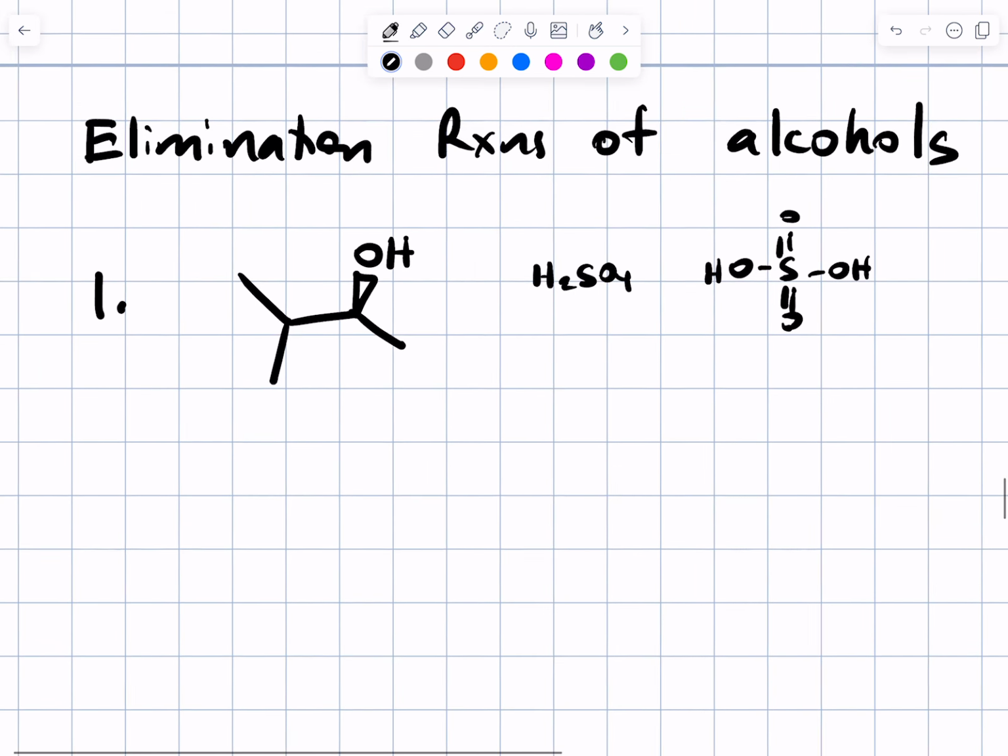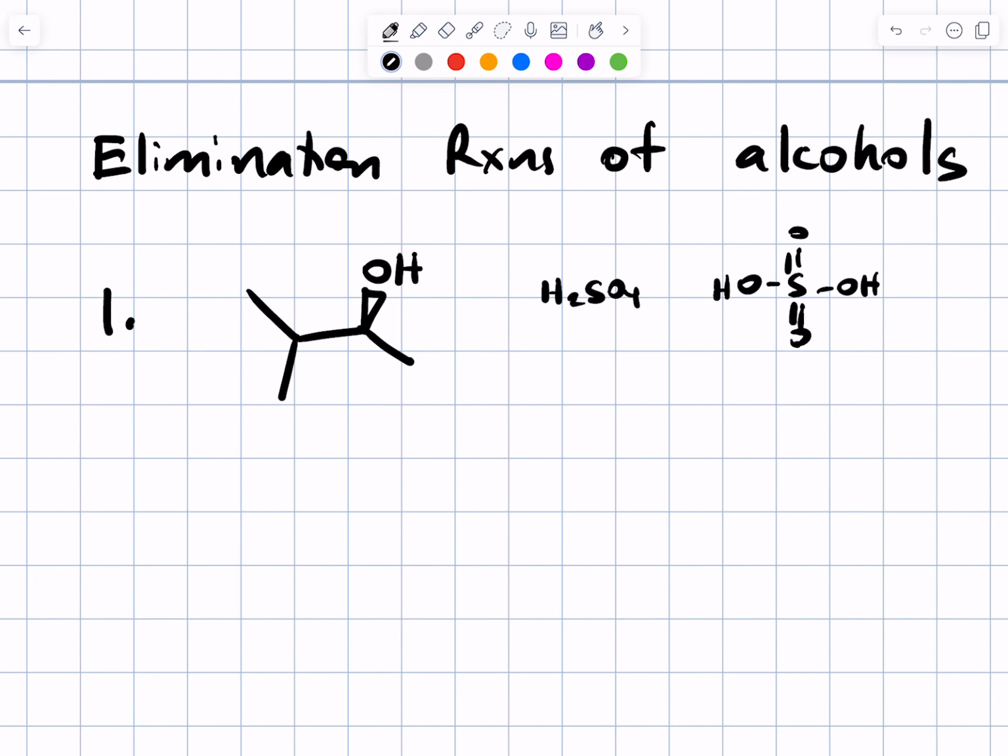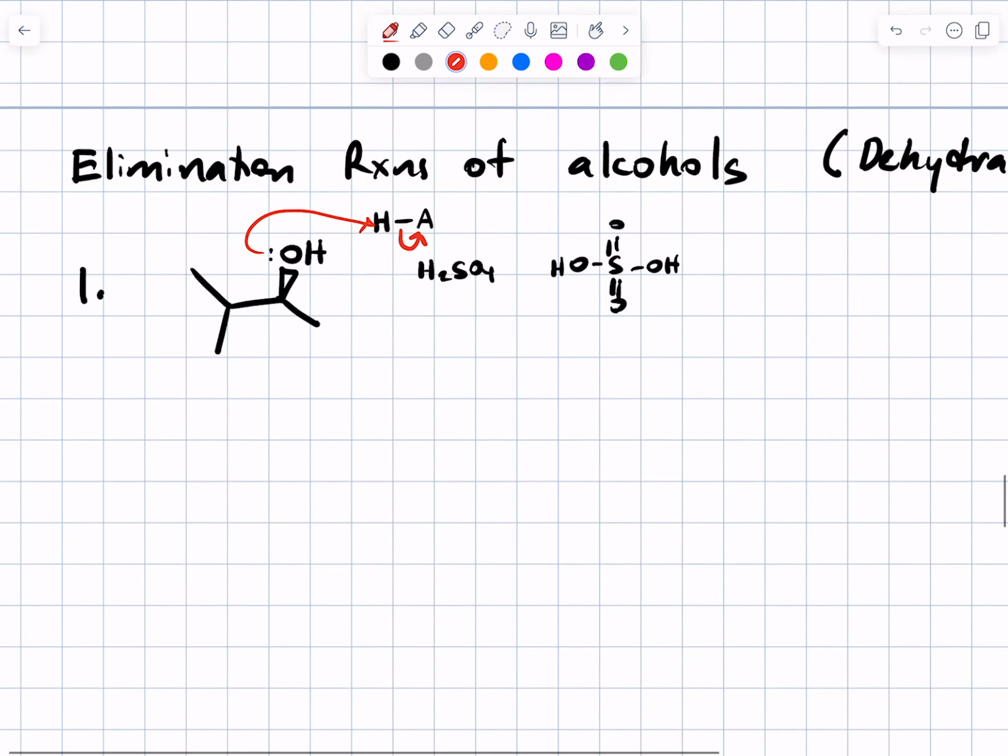Because most of the time in mechanisms, when you want to show an acid doing its thing, you can abbreviate it as HA, and organic chemists are going to know exactly what you mean. So when you use sulfuric acid, the first step is to protonate the alcohol to turn it into a good leaving group.